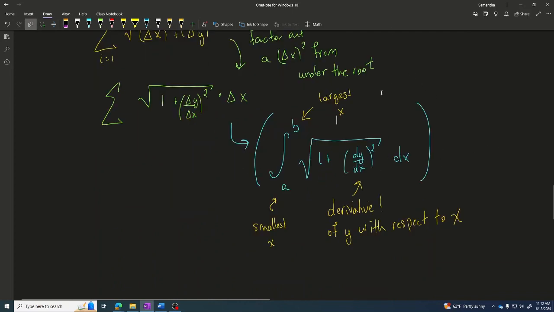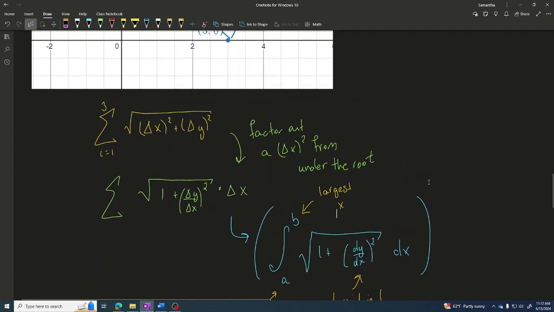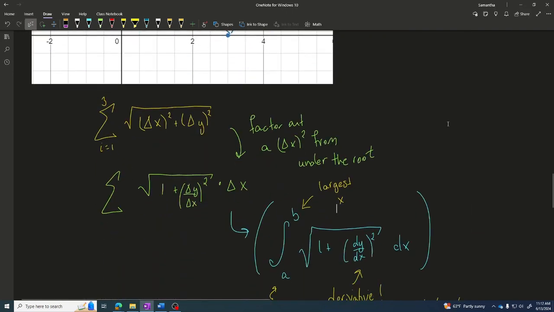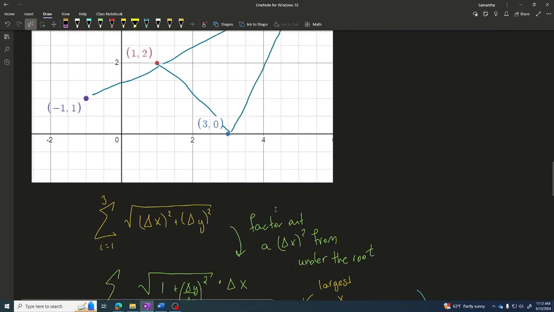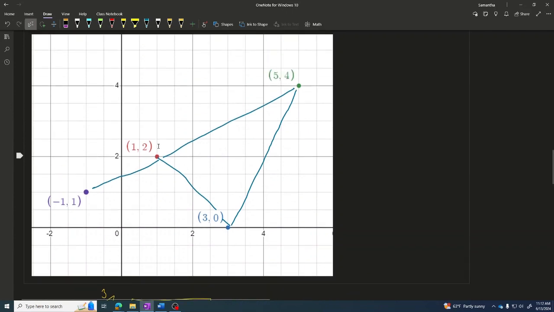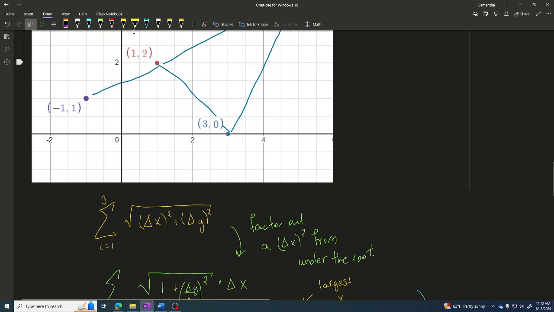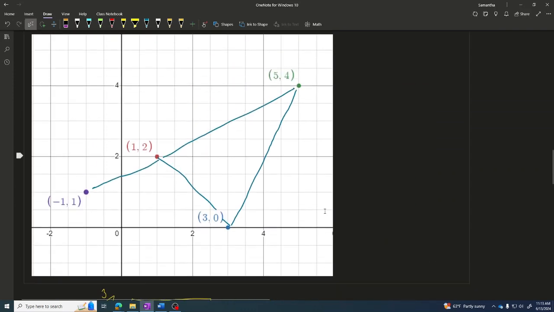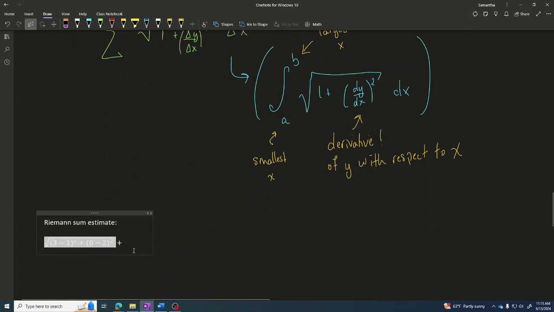So now that we've made a note of this, let's go ahead and finish this problem using a Riemann sum estimate. Going ahead to calculate the lengths between each of these checkpoints in our table. We have the distance between 1, 2, and 3, 0. We have the distance between 3, 0 and 5, 4.